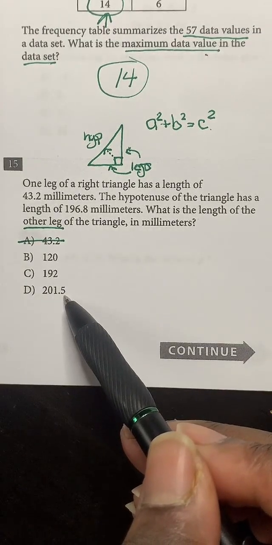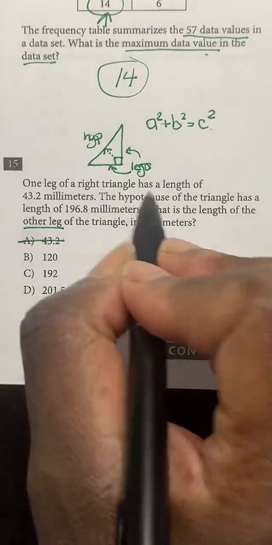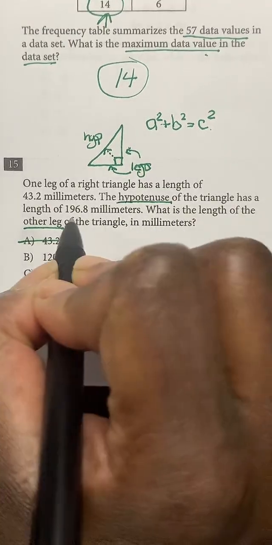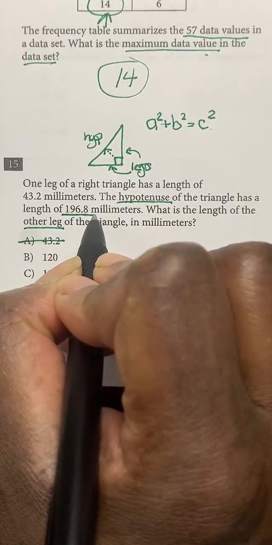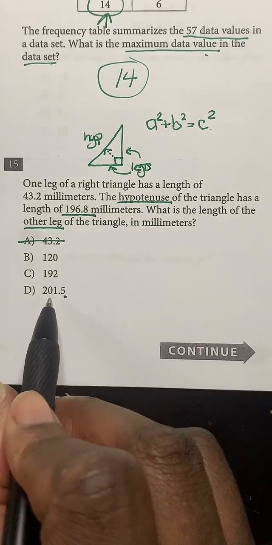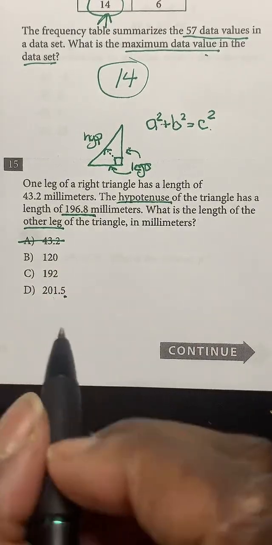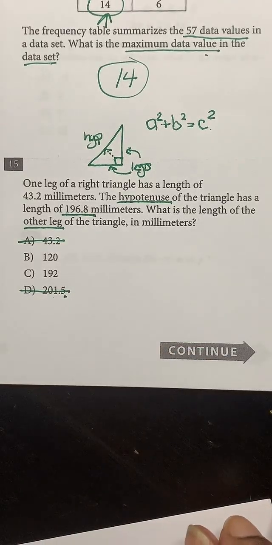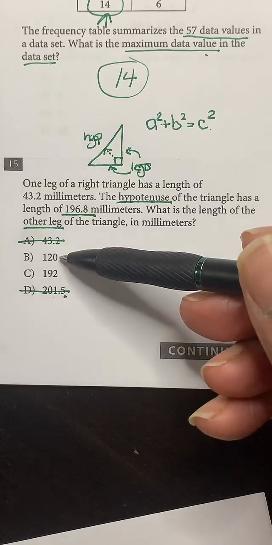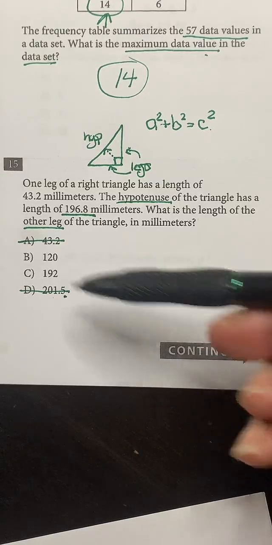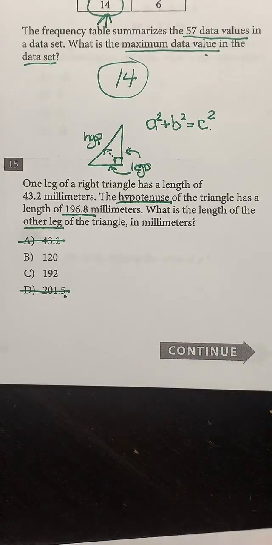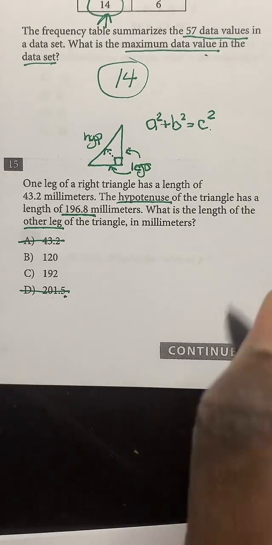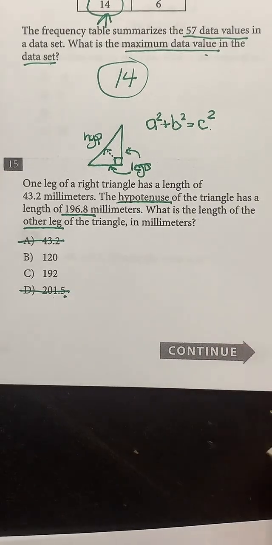Also, D is going to be out because they're saying that my hypotenuse is 196 and 8/10. 201 is definitely way too big. The legs are always going to be less than the hypotenuse. So it's either going to be 120 or 192. So this is when you're really going to have to get into the math.